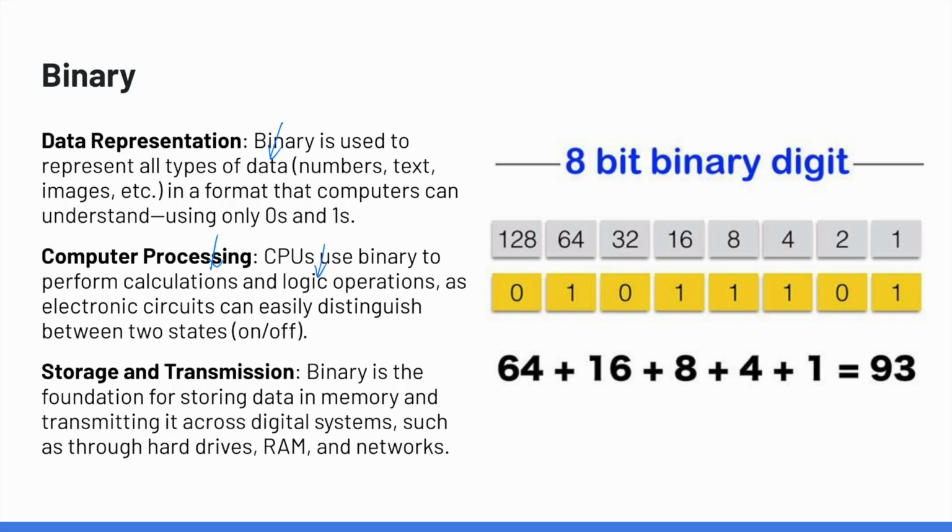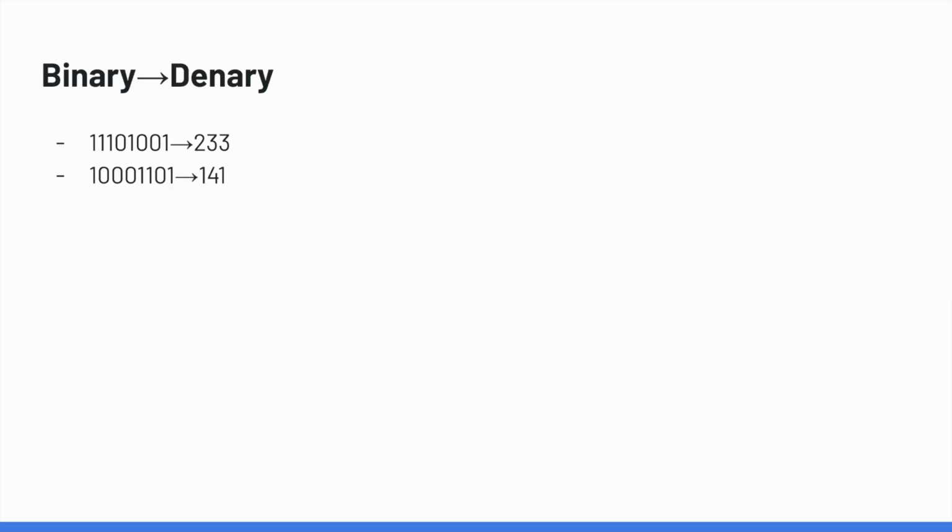So it's not only the language accepted by the processor, but it's also what's used to actually perform operations. This is partly because binary can be used to distinguish between an on or off state. Binary code, as we said before, is just a very complex series of ons and offs. Now let's talk about how binary works from a mathematical perspective and then apply it to the type of problem that might appear on the IB exam.